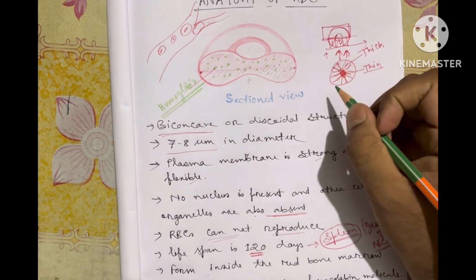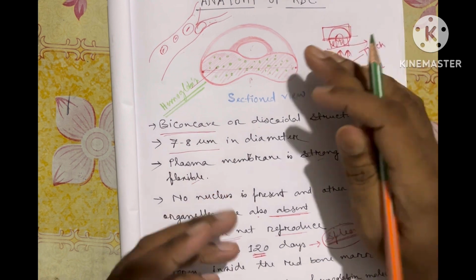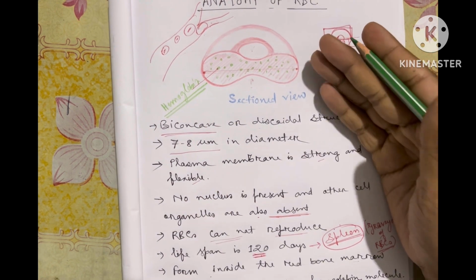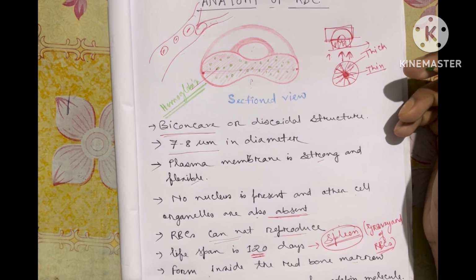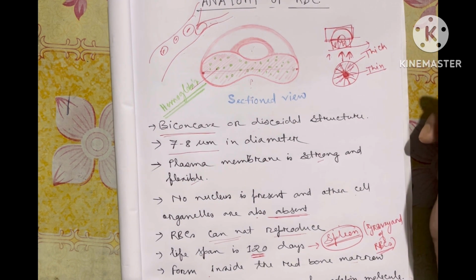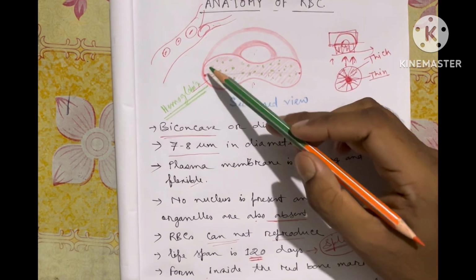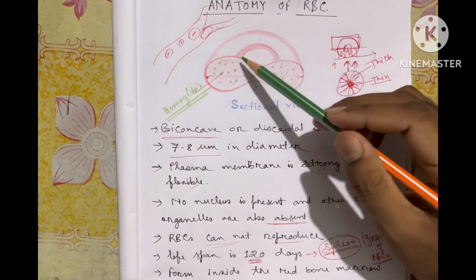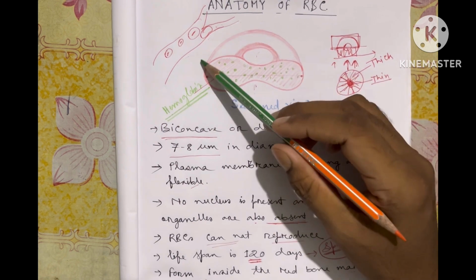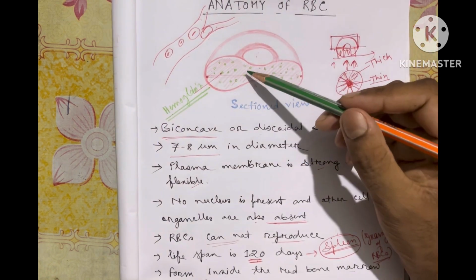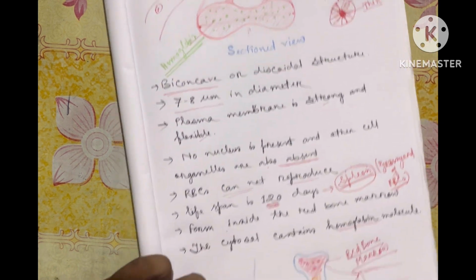So the thing is, before the formation of a mature RBC, the main precursor cell of our RBC is the erythroblast, which is basically large in size.